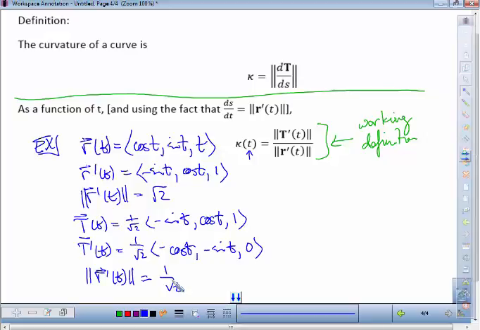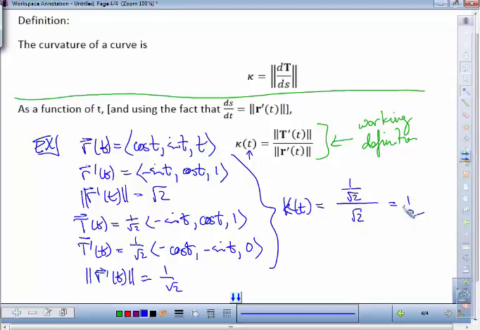So the curvature now, if we put all this stuff together, kappa of t is equal to 1 over the square root of 2 divided by the square root of 2. So I think it just turns out to be 1/2. Is it 1/2?